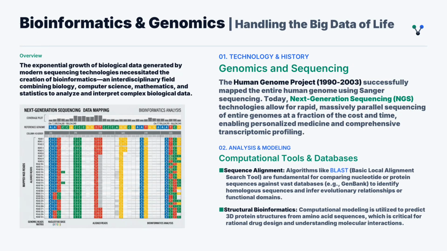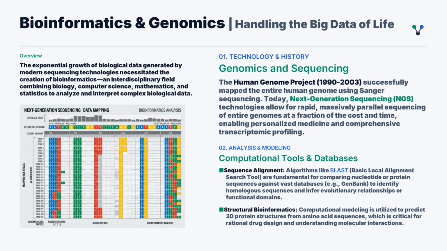The massive high-throughput data produced by modern life sciences has made bioinformatics an essential pillar of biological research. While the original Human Genome Project required over a decade of Sanger sequencing, contemporary next-generation sequencing platforms rapidly sequence entire genomes in parallel at minimal cost.